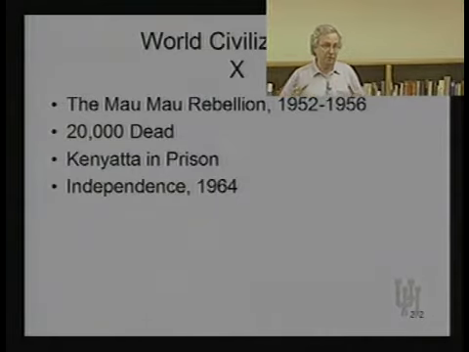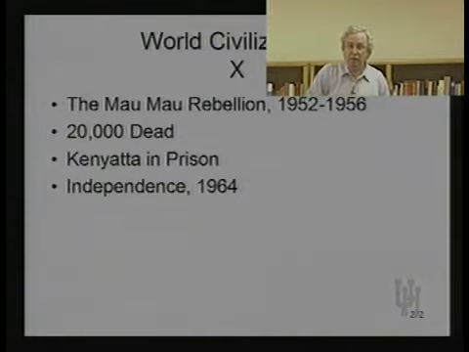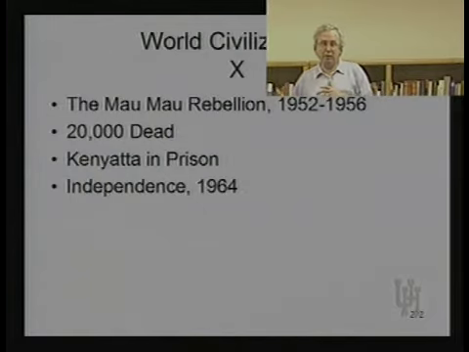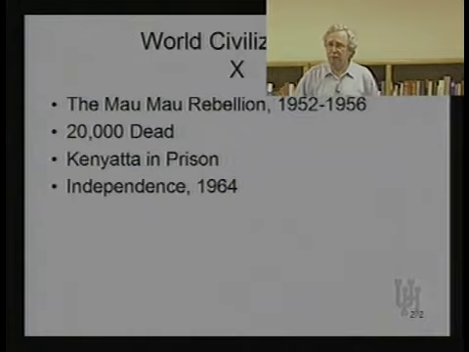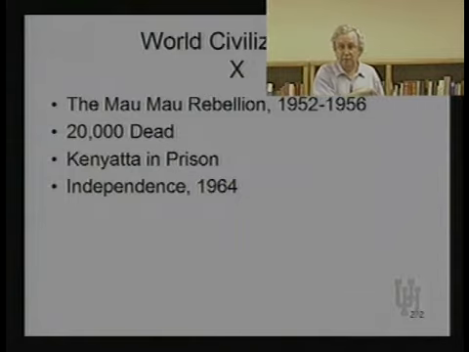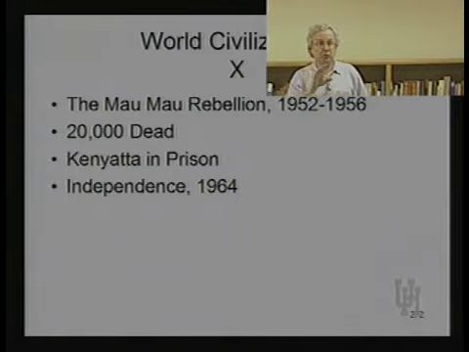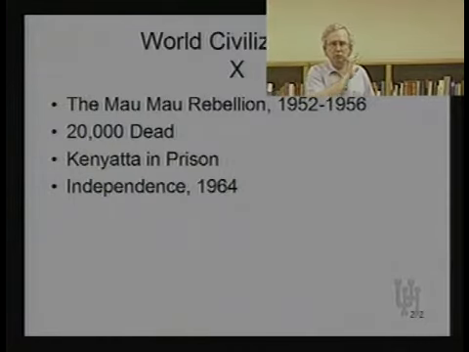But nevertheless, the British blamed him for the Mau Mau Rebellion. And even though Kenyatta offered a logical alternative here, just as Nkrumah had offered an opportunity for the British to turn over rule to a well-trained elite, so too Jomo Kenyatta offered the same opportunity.